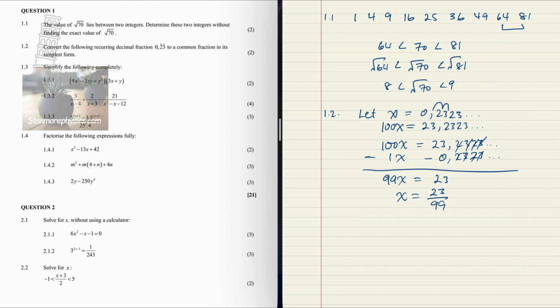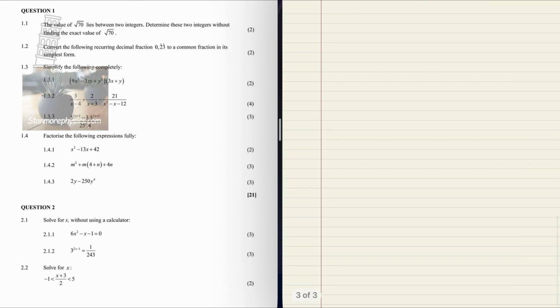Question 1.3. Simplify the following completely. Now that's worth 2 marks, so it's probably just expanding. So I'm going to write it out here. 9x squared minus 3xy plus y squared, that's one bracket, and multiply by 3x plus y.